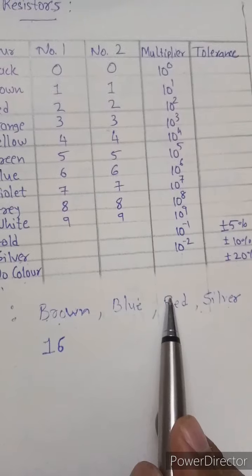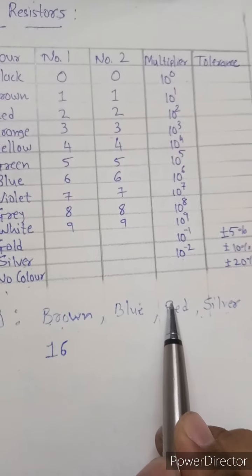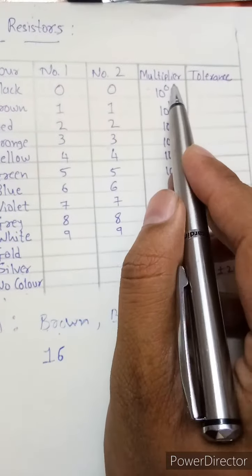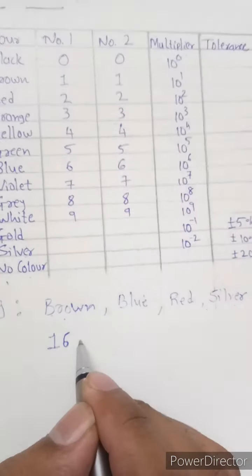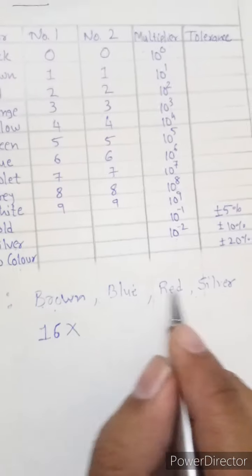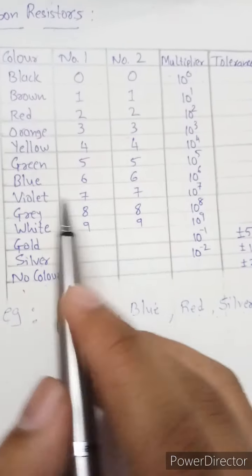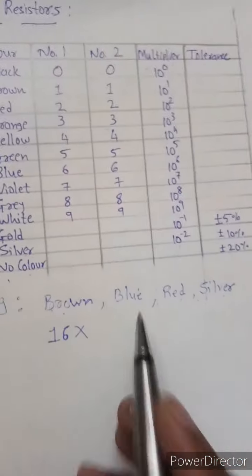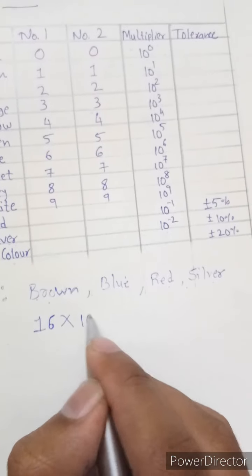Third is red, and the value of this color comes from the third column, which is the multiplier. It means you have to multiply this number, and red has which number? It is 10², so multiply it by 10².